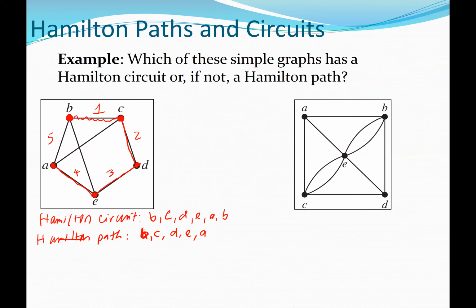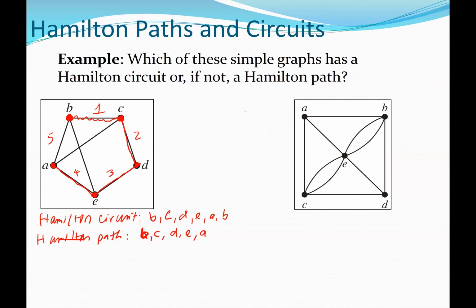With Euler, you can only have a circuit or a path, you cannot have both. But with Hamilton, you can have a circuit and a path together. That's the difference, because in Hamilton you only worry about whether you cover all the vertices. I don't worry about the edges. So it has a Hamilton circuit and also a Hamilton path. That's just one of the examples.